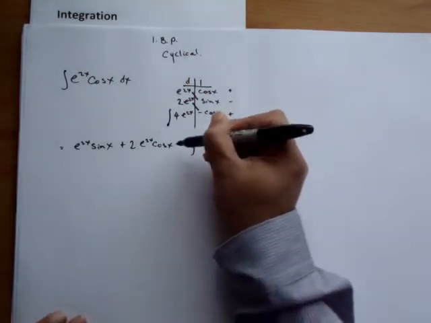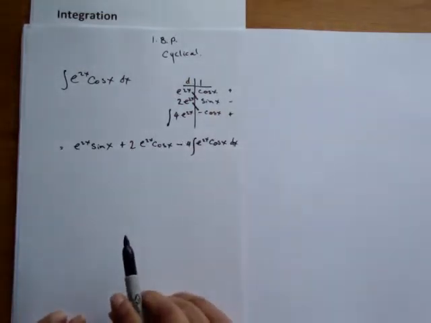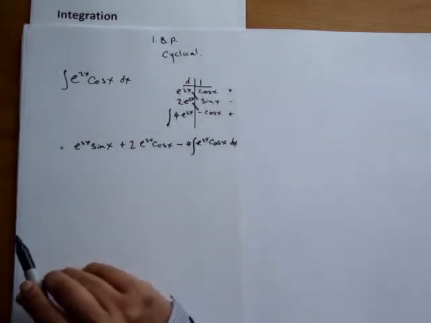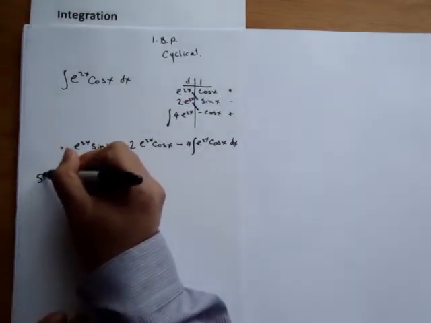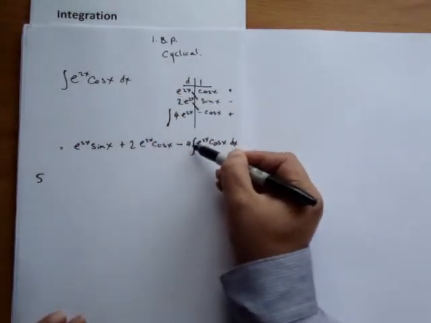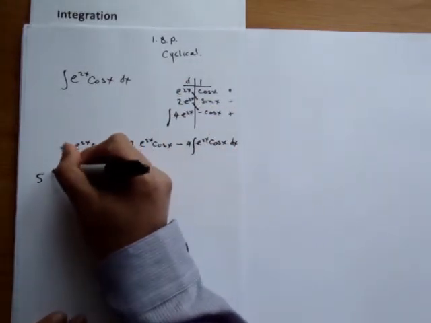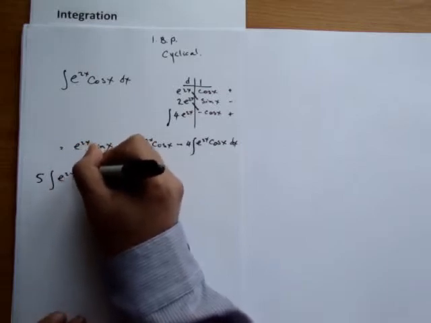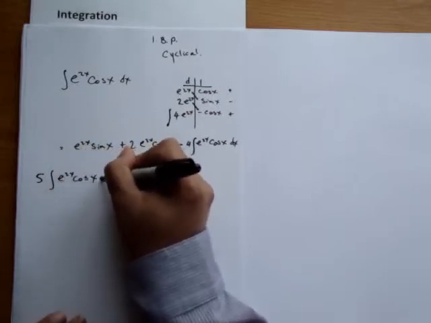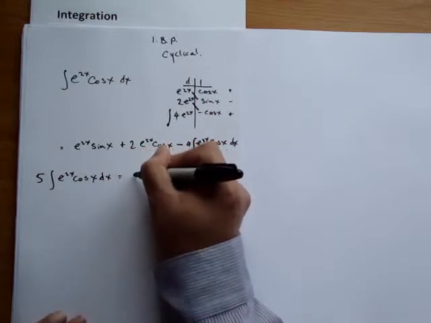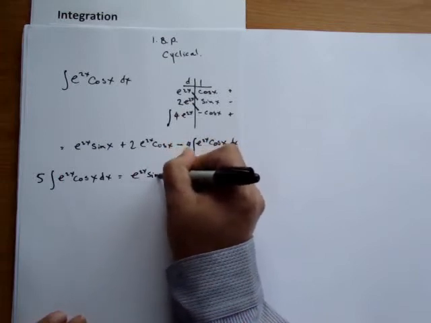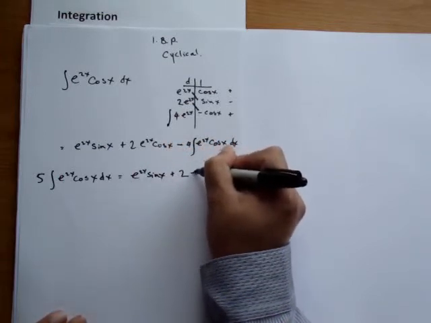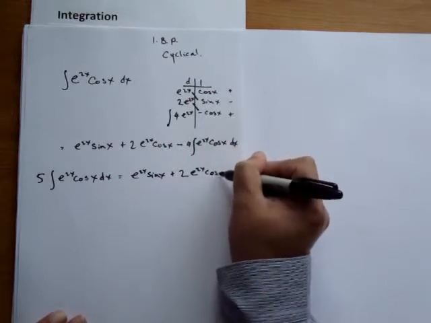Little trick, what we do is this minus sign is going to save our bacon. So what we do is we take this across to the other side of the equal sign and we get 5. So this plus 4 is 5. The integral of e to the 2x cos x dx equals e to the 2x sin x plus 2e to the 2x cos x.